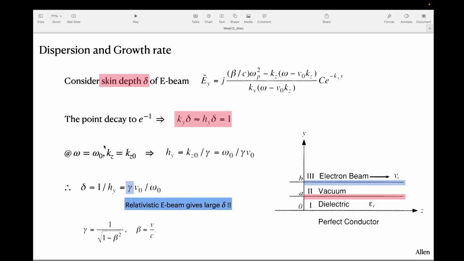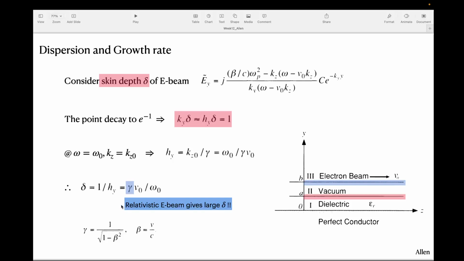And consider the case that we typically discussed, where the frequency omega equals omega 0 and kz equals k0, we can get the skin depth in this term.